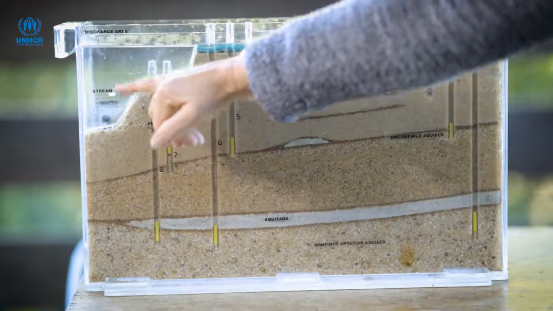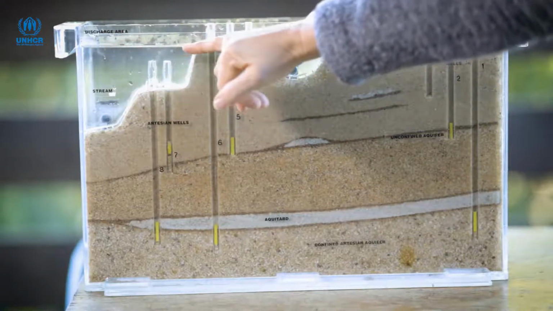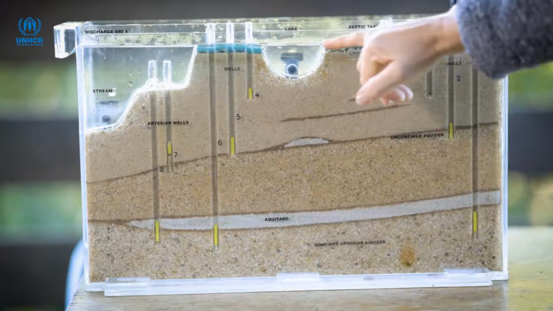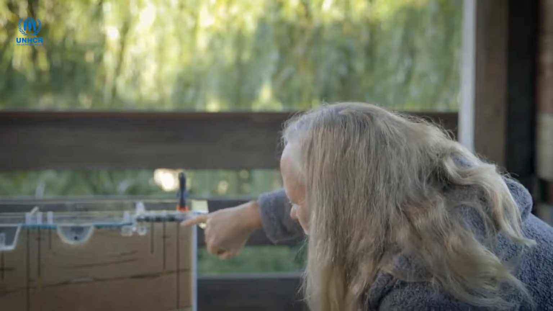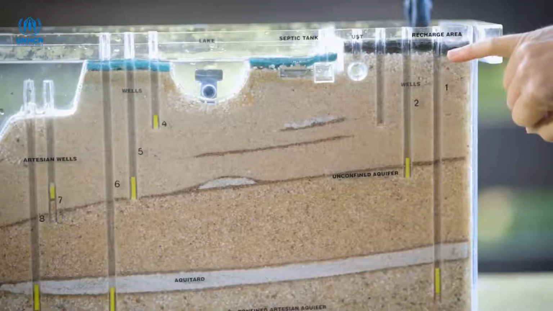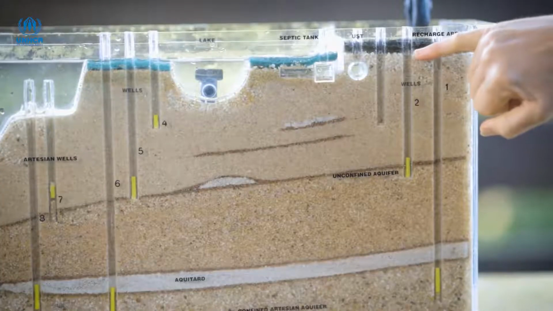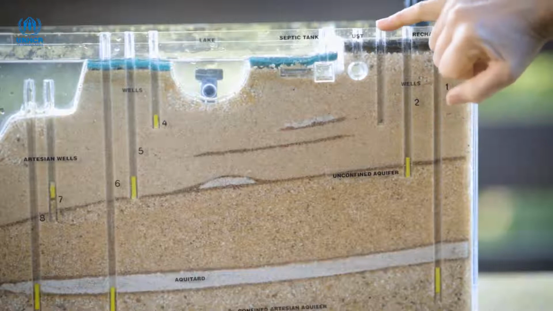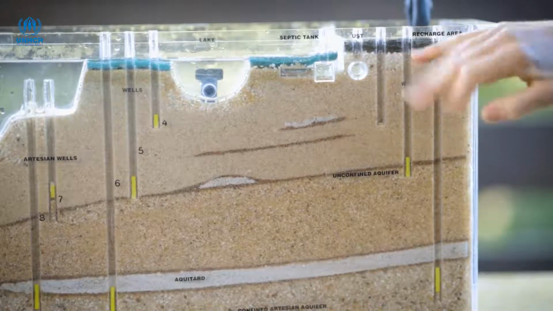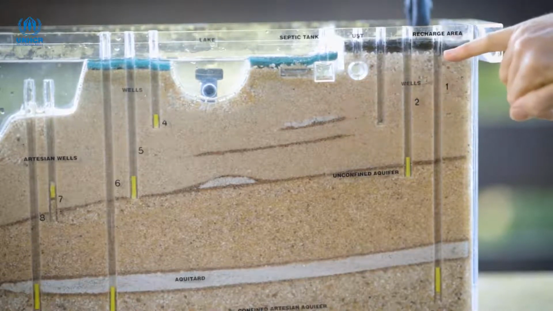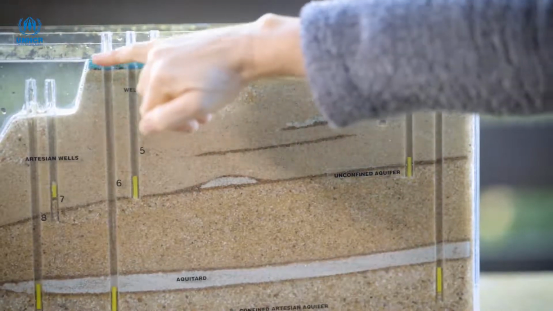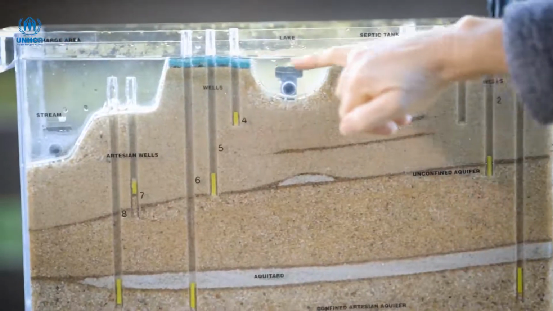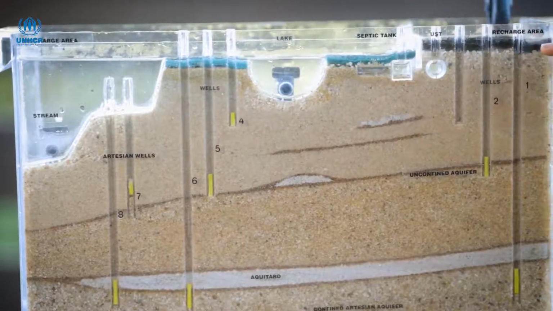We can see a lake, and the water level goes all the way through and is completely stable. It is difficult to see since it's transparent, but we can go and look inside each of the wells and see at which altitude the water level is. We can measure that everywhere, and we will see that it is just a horizontal plane.